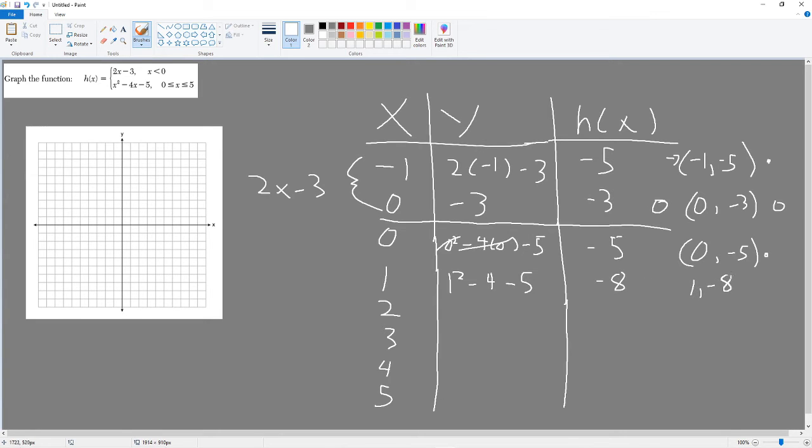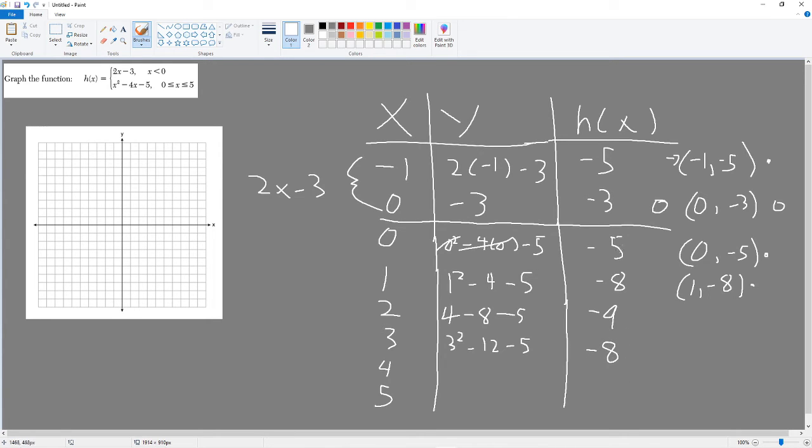So I have 1, negative 8, closed circle. For 2, we have 4 minus 8 minus 5. 4 minus 8 is negative 4, negative 4 minus 5 is negative 9. Next one is 3 squared minus 12 minus 5. So we have 9 minus 12 is negative 3, negative 3 minus 5 is negative 8.